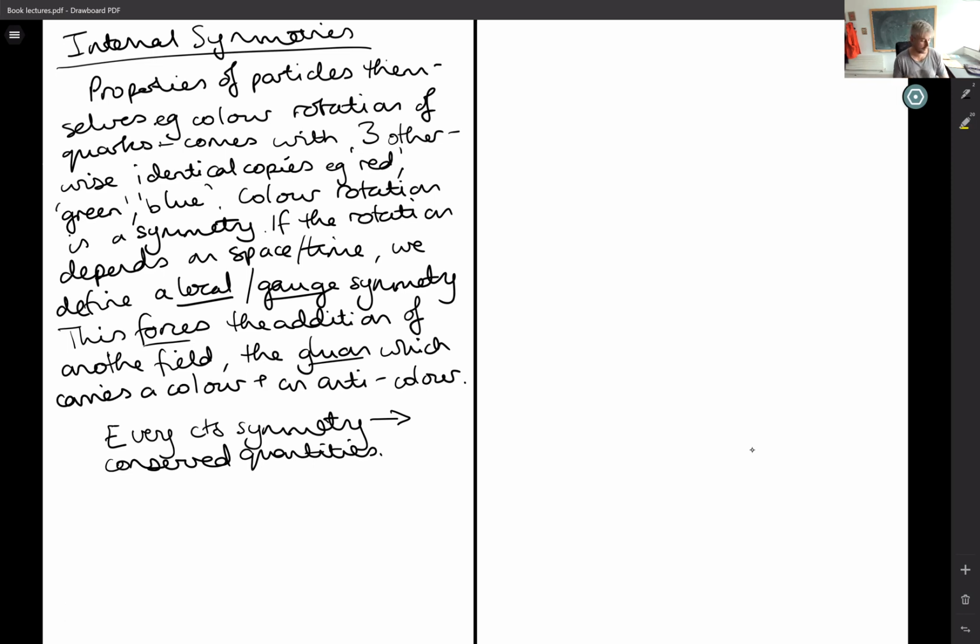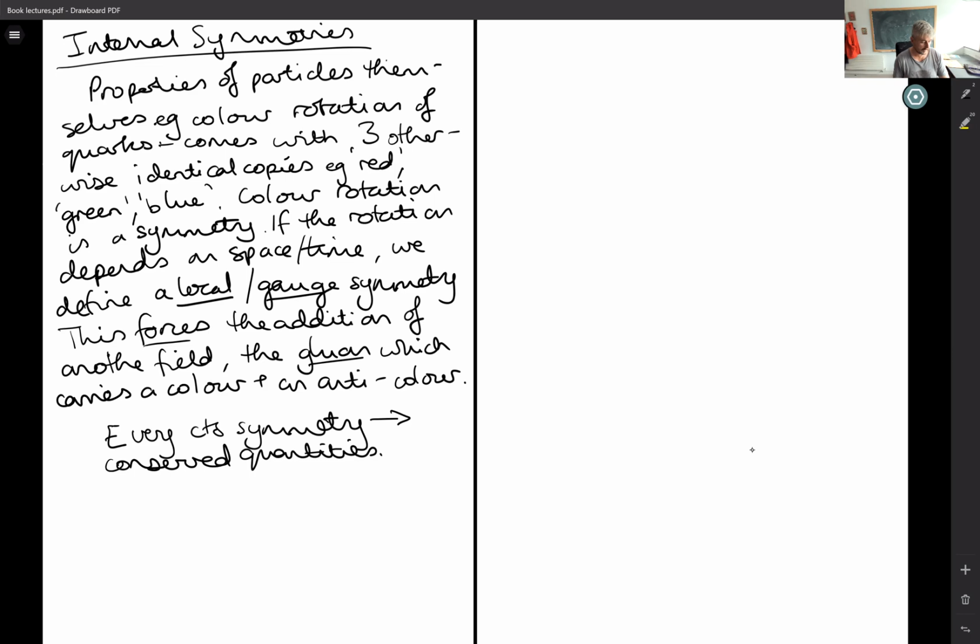There's actually a field theory proof of this called Noether's theorem. Okay, and in this case, with the color symmetry, the conserved quantity is color. So it turns out quarks have a color; they're either red, green, or blue, or some mixture. Anti-quarks have an anti-color, so anti-red, anti-blue, anti-green, and the gluons, remember, have a color and anti-color.